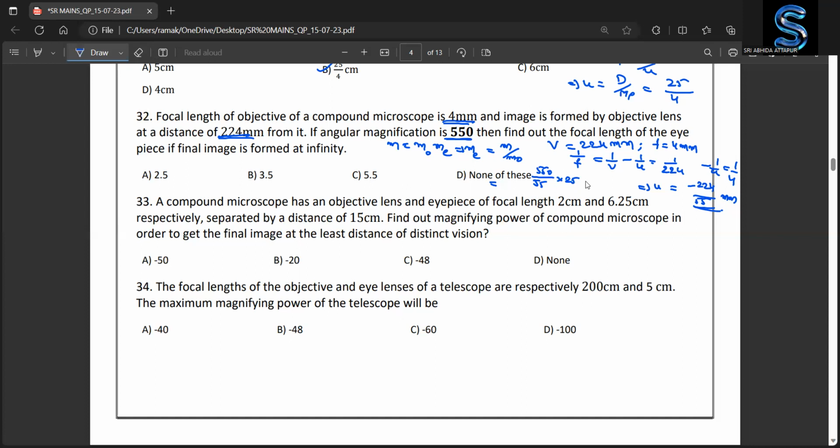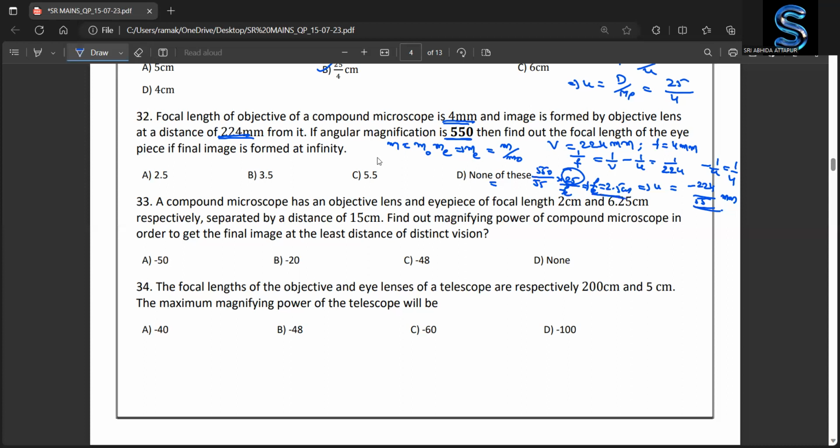So based on that, the magnifying power of the eyepiece is represented based on the focal length. So the focal length of the eyepiece is given as f e equals 2.5 centimeters.